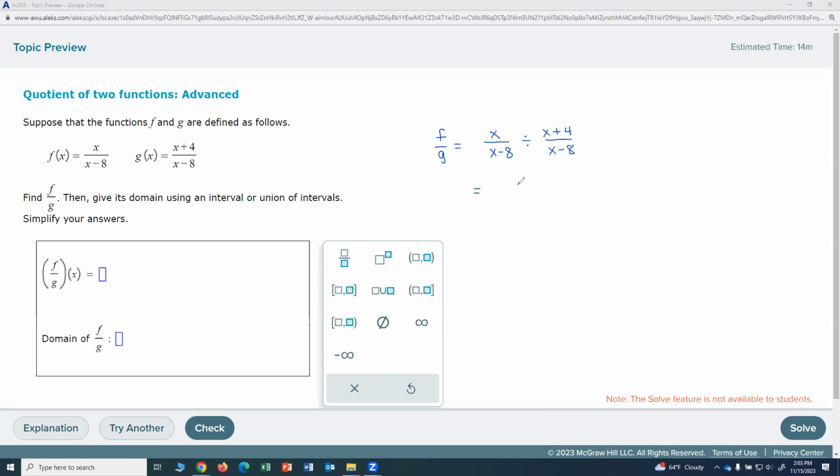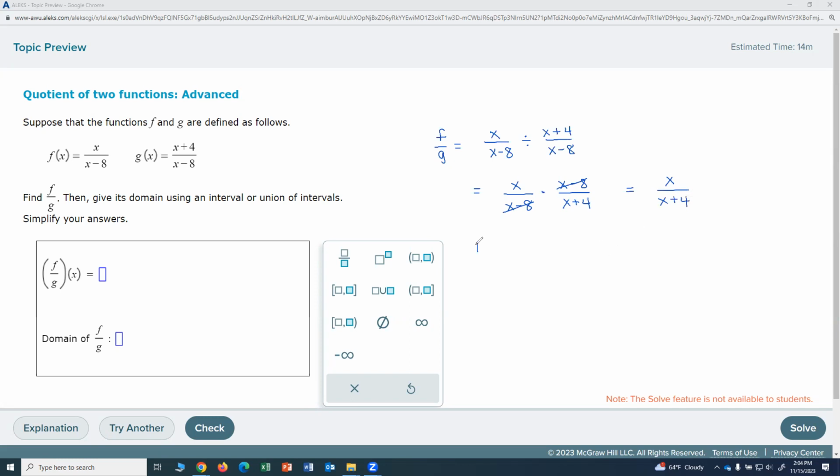So we flip the second fraction, so we get x over x minus 8 times x minus 8 over x plus 4. x minus 8 cancels, and so we just get x over x plus 4.